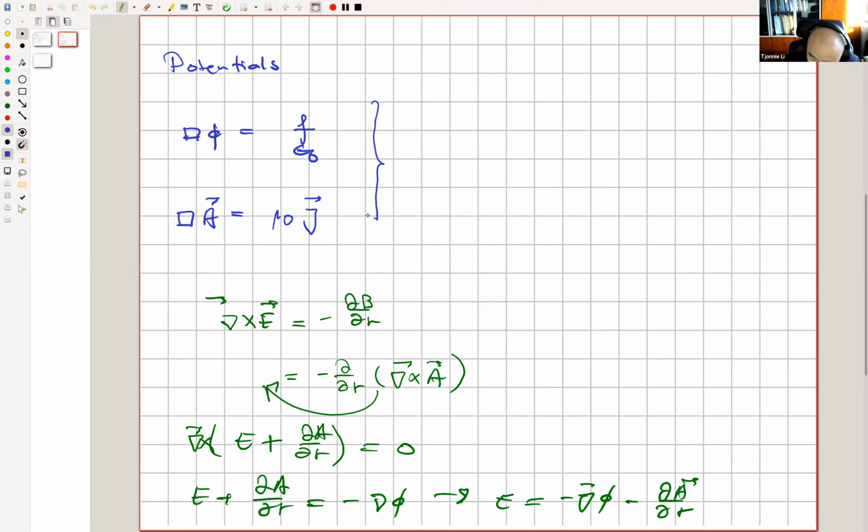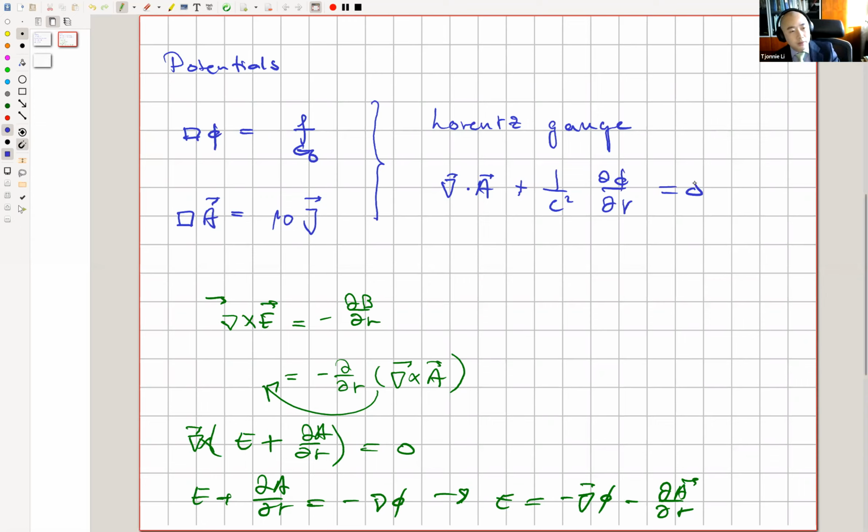The fact that I can write this equation, I had to make use of a choice of gauge. Okay, in particular, I chose the Lorentz gauge here, which simply states that the divergence of A plus 1 over c squared partial phi partial t equals zero. And remember, the choice of gauge stems from Helmholtz theorem. Right?